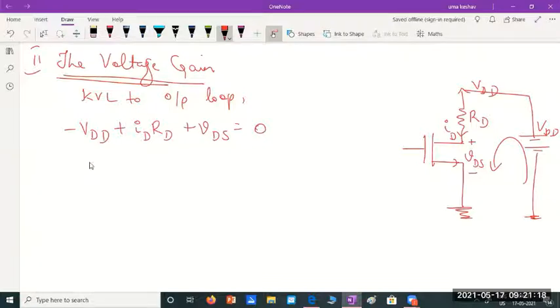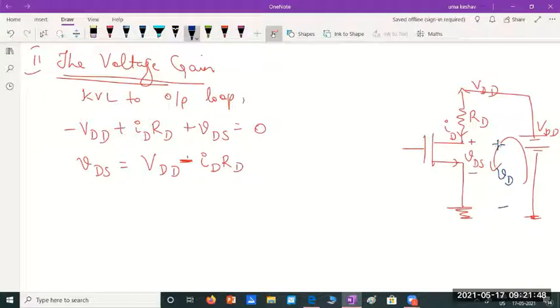And what should I consider as VDS? VDS would be VDD minus IDRD. If I shift VDD and IDRD to the other side, I'm going to get VDD minus IDRD. In this circuit, do you find any difference between VD and VDS?